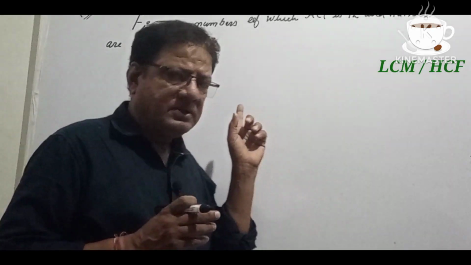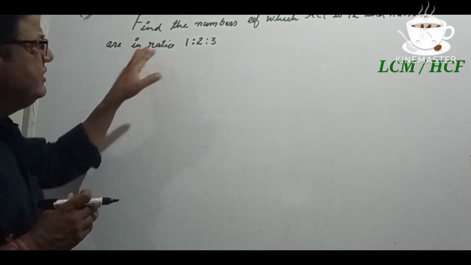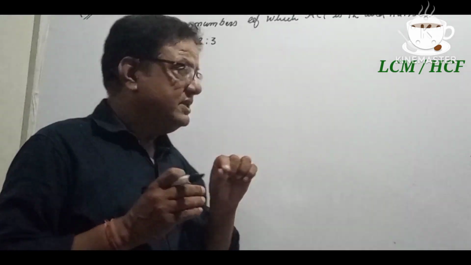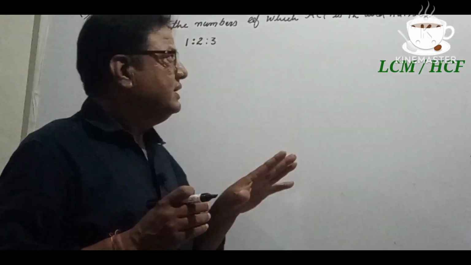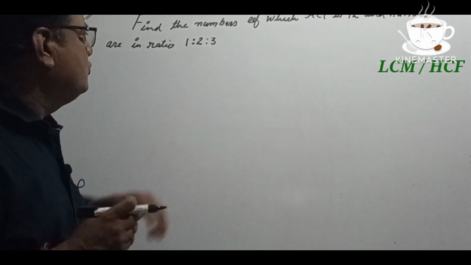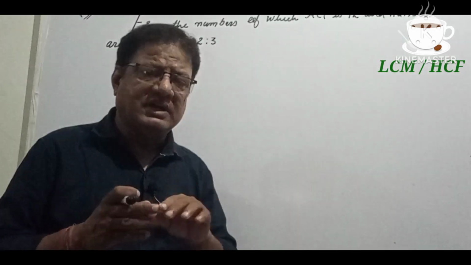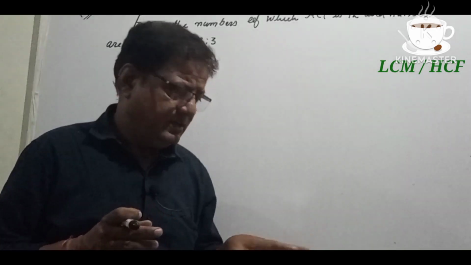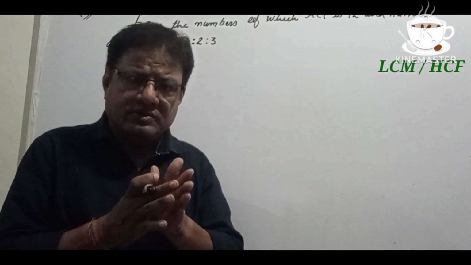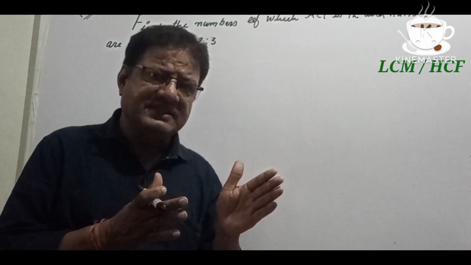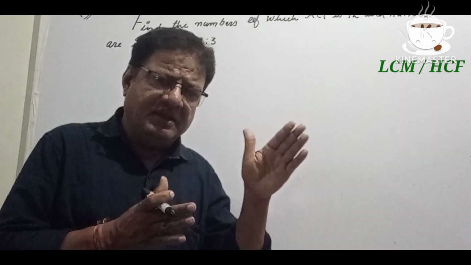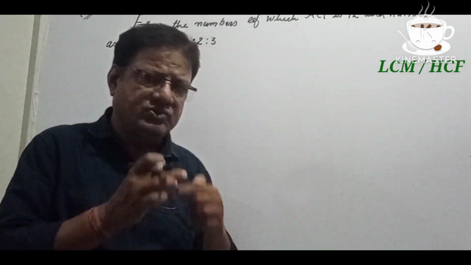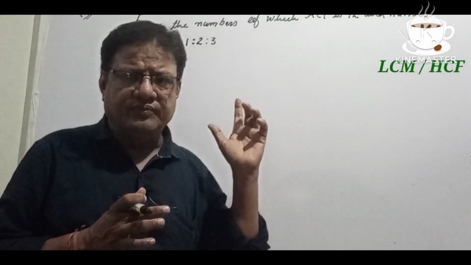First of all we take a question: find the numbers of which HCF is 12. Means the HCF of the numbers is given, and the numbers are in ratio 1, ratio 2, ratio 3. The ratio of the numbers is given here. So using the ratio and using the real HCF and the HCF based on ratio, we try to find the numbers.